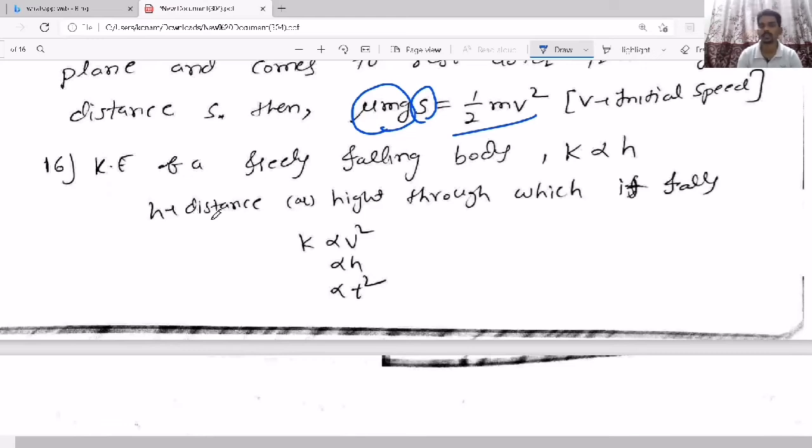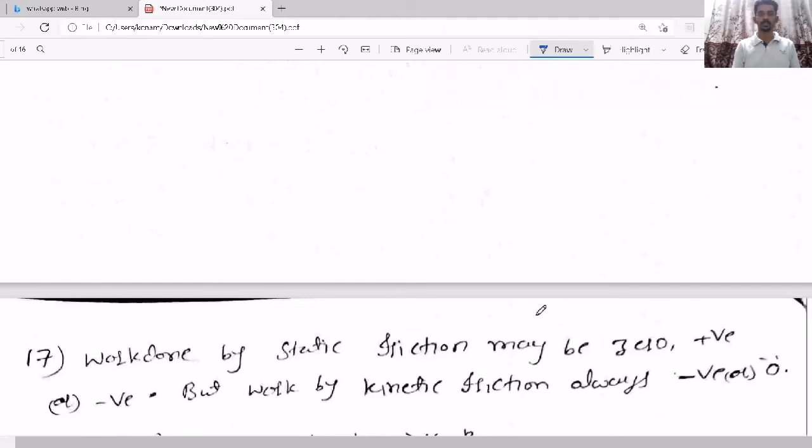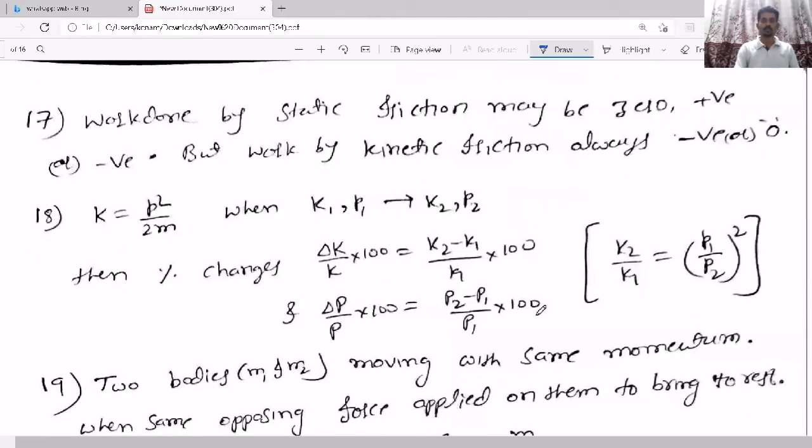For a freely falling body, kinetic energy is proportional to v square. But v square minus u square equals 2as, so v square is proportional to h, and v square is proportional to t square, because v is proportional to t. So like this, there will be many questions and many applications.